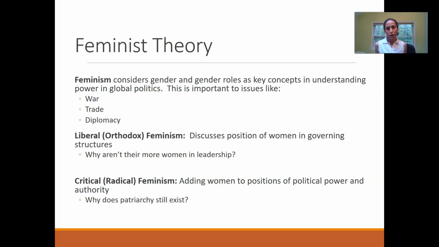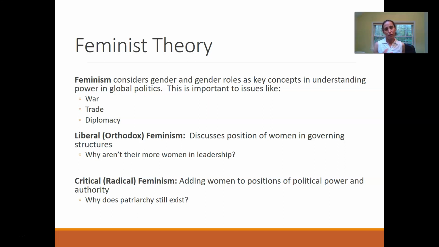Now, there are two ways to think about it, and the first one comes from liberal feminism, and here the point is that if we are going to add more women to the same system, then that could have an impact on decision making and how we are going to conduct ourselves as a country in the world, because women think differently or operate differently.